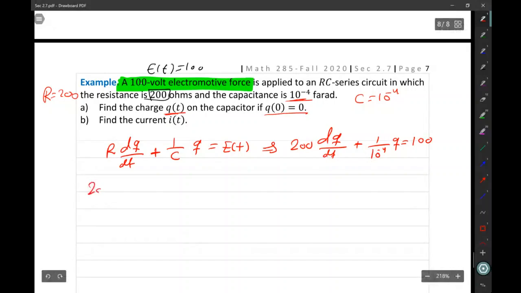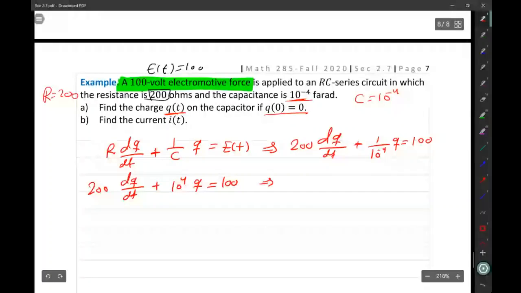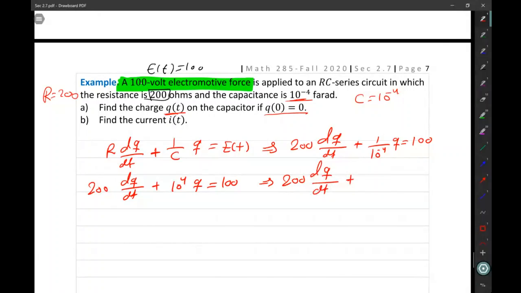That becomes 200 dq by dt plus 10 to the power 4 times Q is equal to 100.